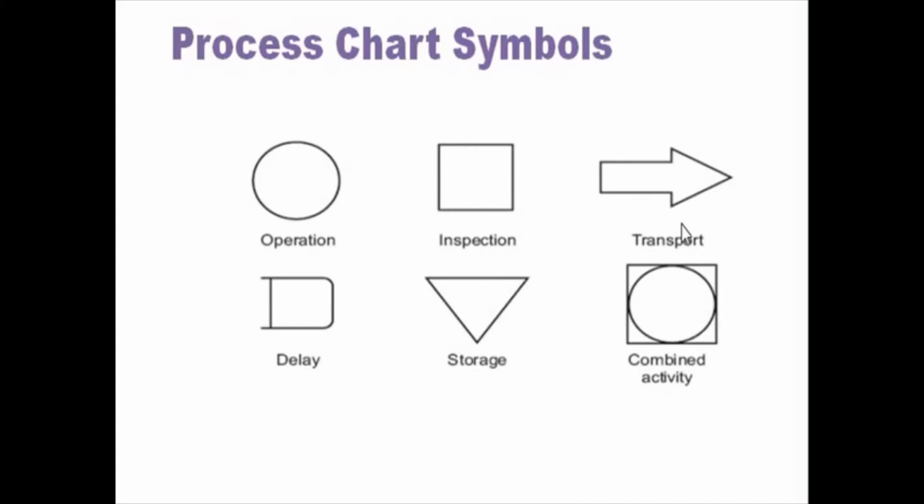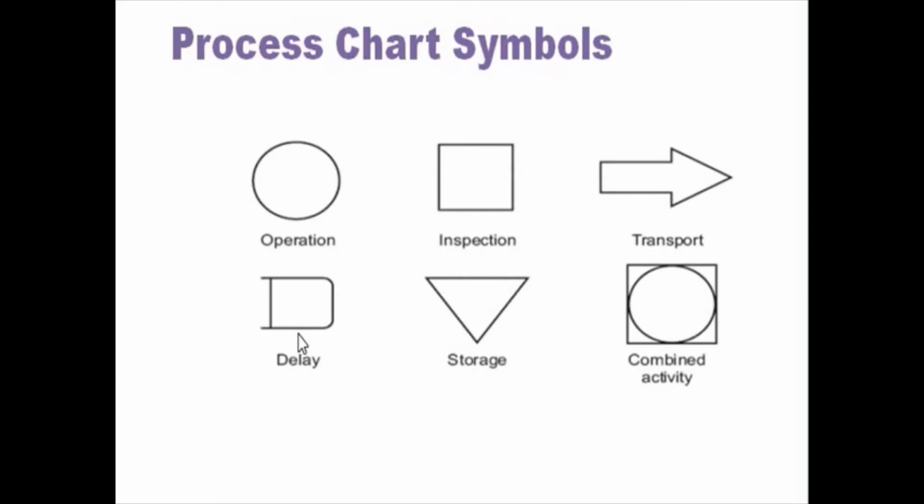It represents transport. Transport refers to the movement of an operator or of an object from one place to another. Tools move with respect to machines, and the operator always moves with respect to the machine. Sometimes he is going to the tool room, sometimes to the storage to collect material. These movements are represented by the arrow as the transport symbol.